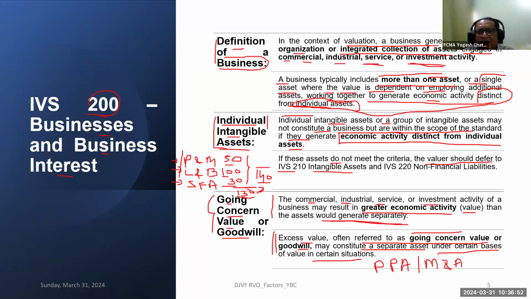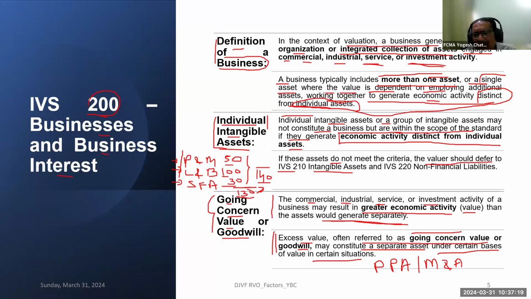For the purpose of reporting in the financial statements, the fair value of each of these assets will be ascertained, and any difference between the purchase consideration and the net assets acquired will be considered as goodwill. The residual value will be considered as goodwill. So that is one example.